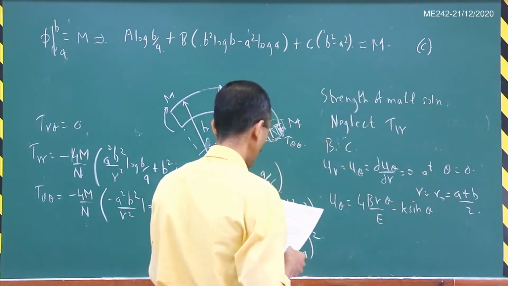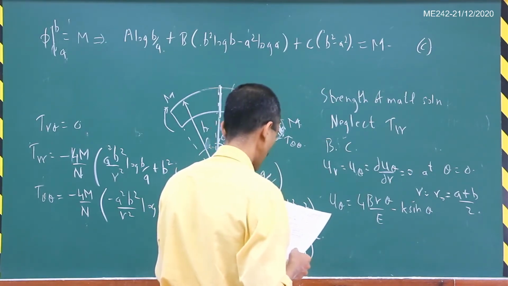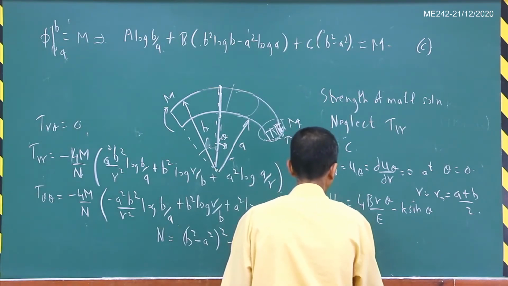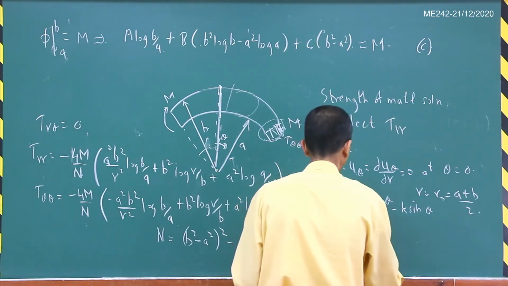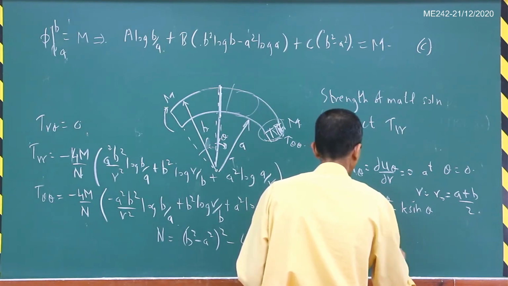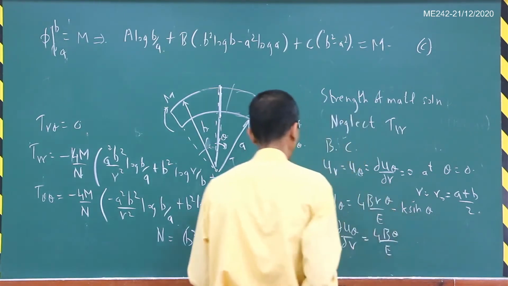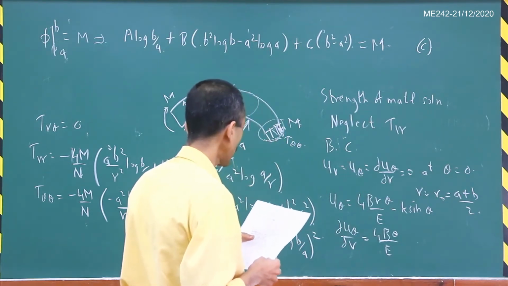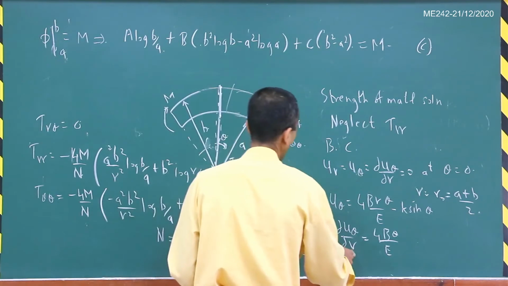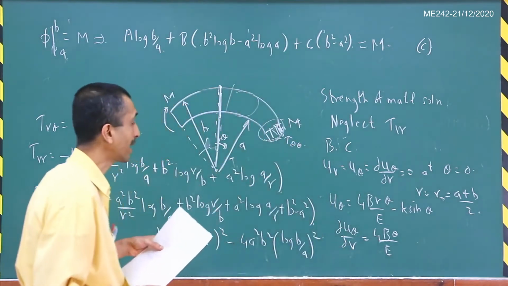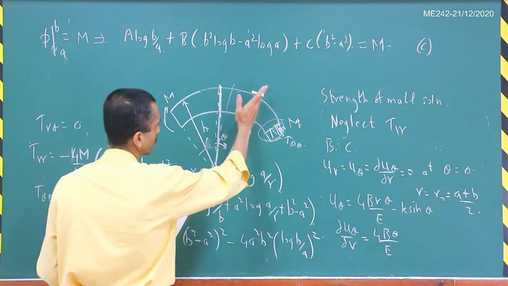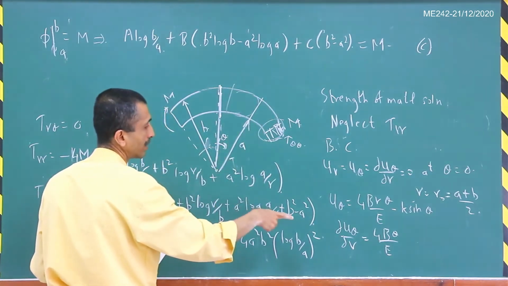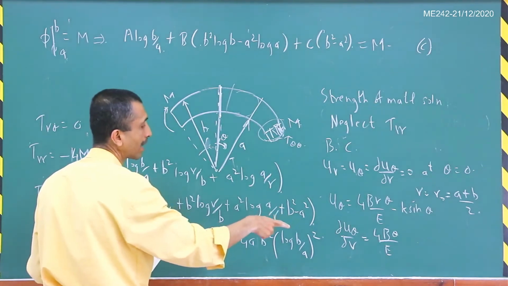If we now compute del u theta by del r, that is equal to 4 times b theta by E. From this, you can see that del u theta by del r is a constant at a given theta. Suppose you take this particular plane here.